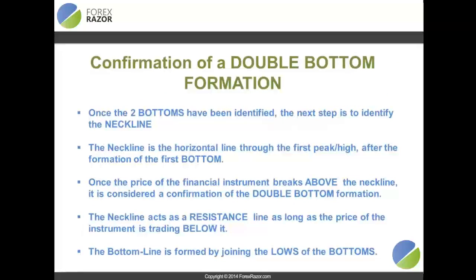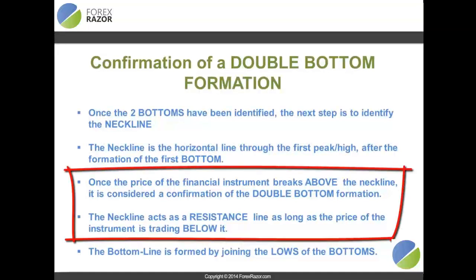Now that we know how to identify the double bottom formation, we shall see how we can use it while trading. Once the two bottoms of the pattern have been identified, the next step is to identify the neckline. The neckline is the horizontal line through the first peak or high after the formation of the first bottom. Once the price of the financial instrument breaks above the neckline, it is considered a confirmation of the pattern formation.